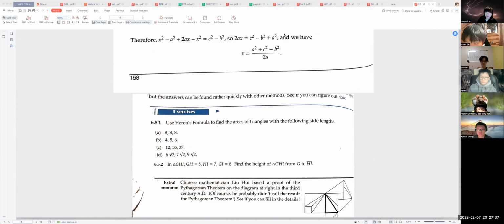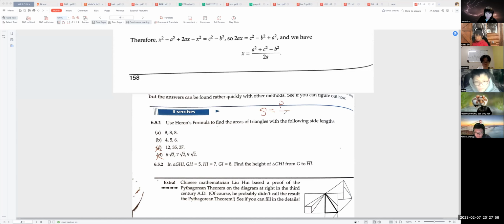Okay, so we're going to do number B, C, and D. No, C maybe, yeah, just do C and D. And I want to just inform you again, S equals what? S equals the perimeter divided by 2.